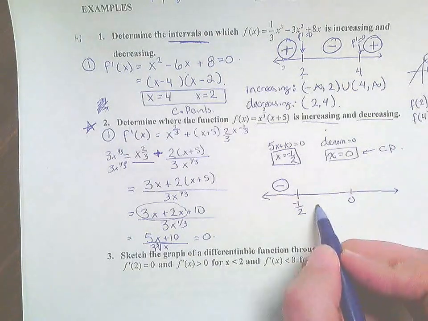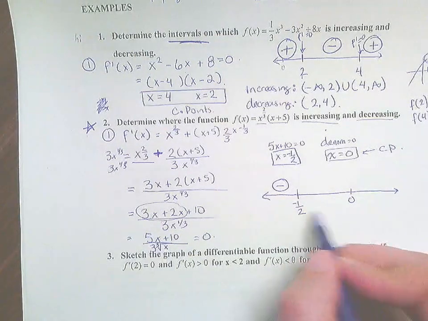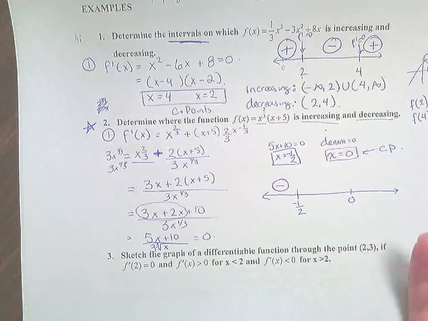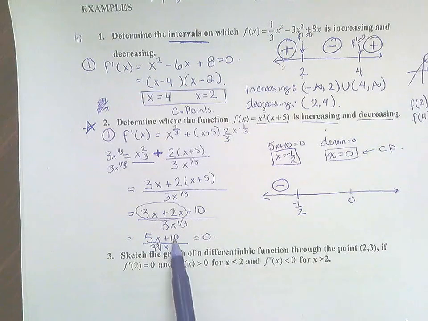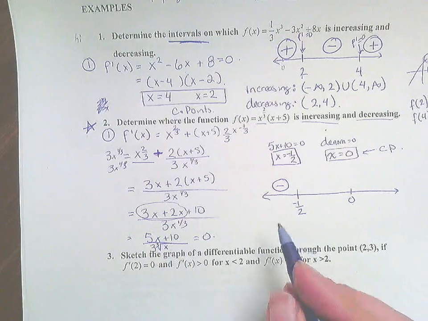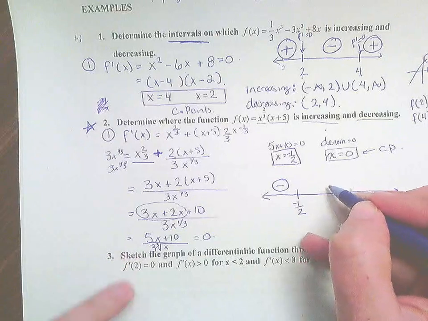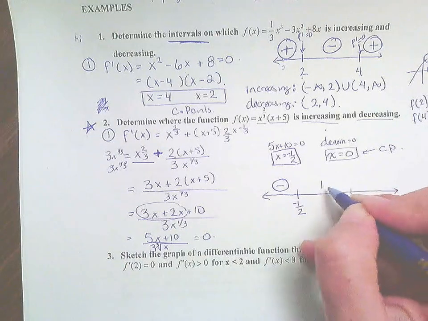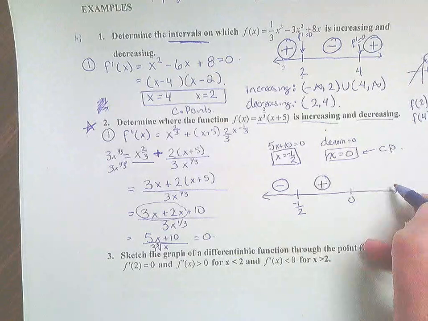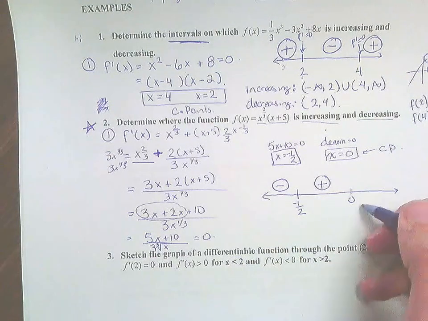If I plug in a number between negative 1/2 and 0, so we can plug in negative 1/3, negative 1/5, whatever you want to do. If you plug in negative 1/5, you'll end up with a positive number up top and a negative number on the bottom, so a positive and a negative, so you end up with a negative answer.